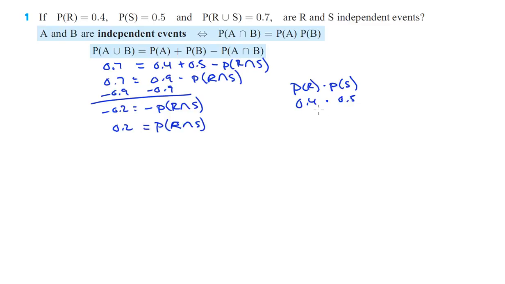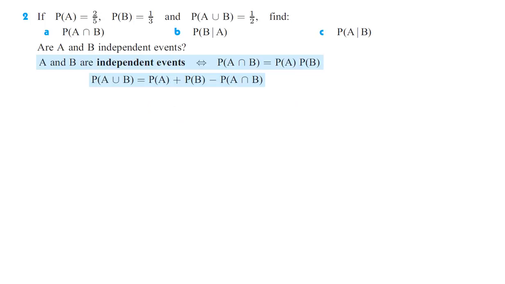When you multiply 0.4 times 0.5, you get 0.20, and those equal each other. So are they independent events? Yes, they are, because these two numbers match, right? So A intersect B equals A times B, and then we figured out what R intersect S was on that. So it's 0.2 equals 0.2, so we're good. Okay? A little confusing, but we'll get that all.